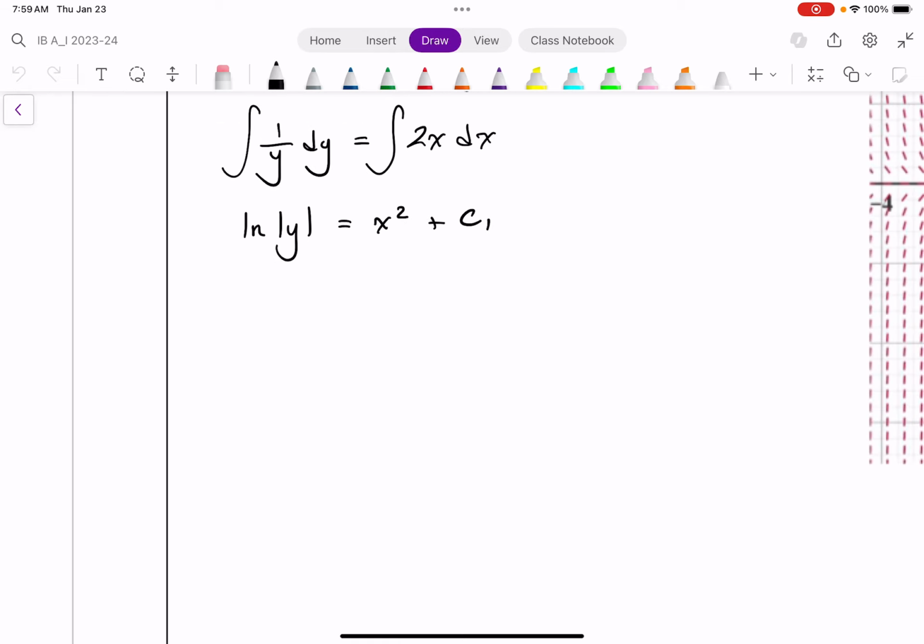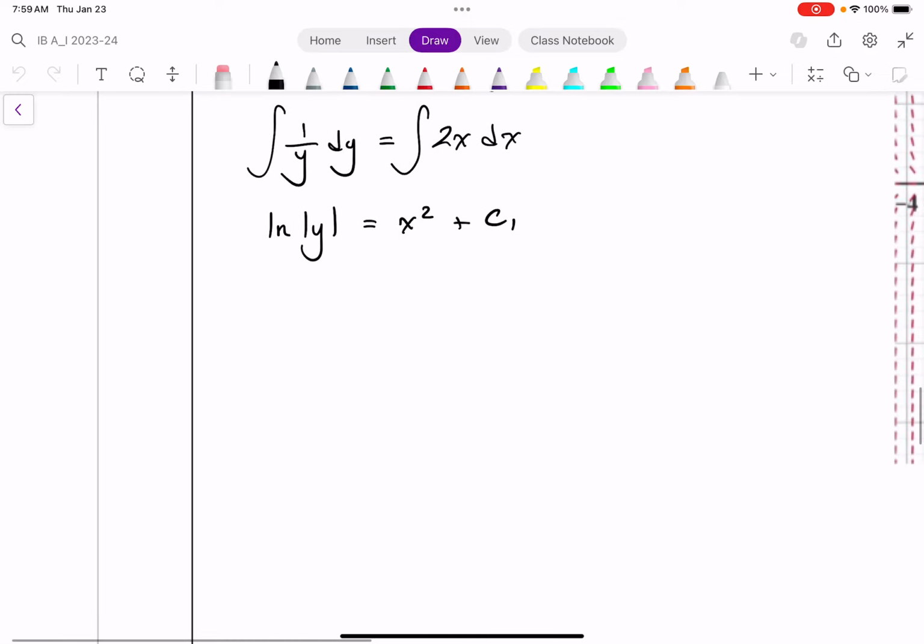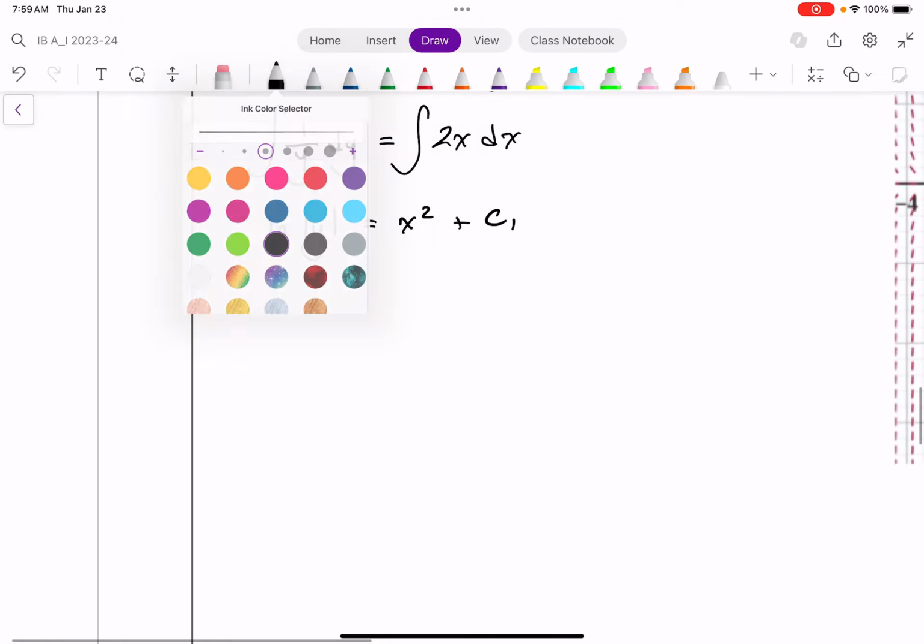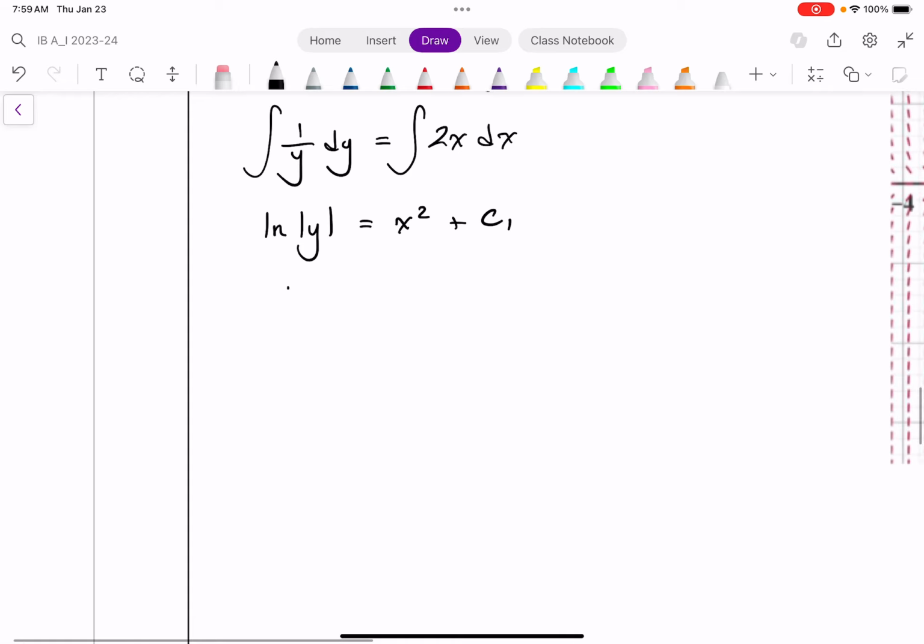First, let me at least get rid of the natural logarithm, raise everything to a power with a base of e. So in this case, e and the natural logarithm cancel out, so I have just the absolute value of y on one side and e to the power of x squared plus c1.